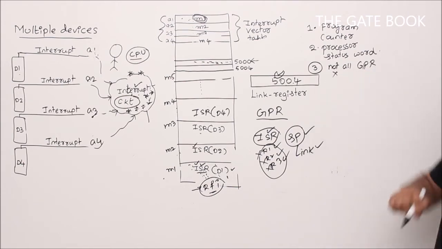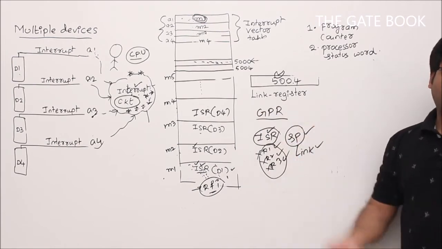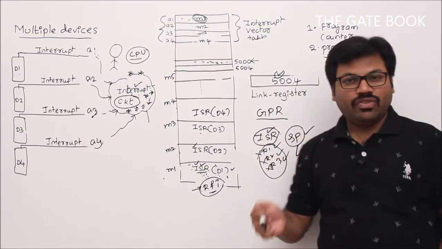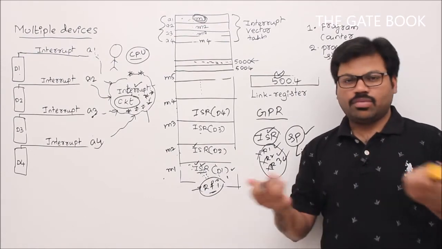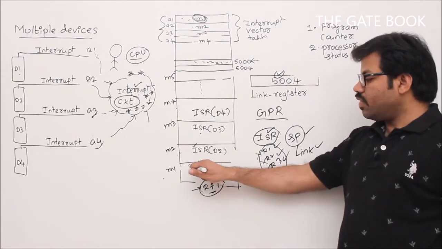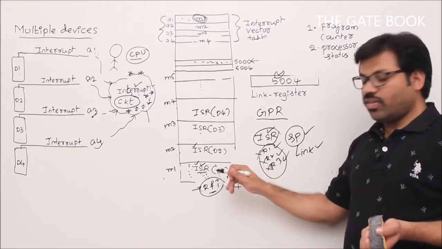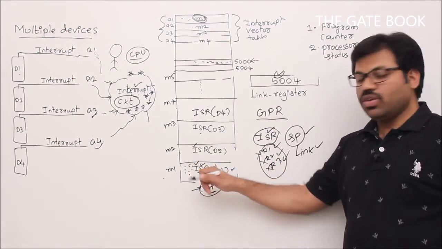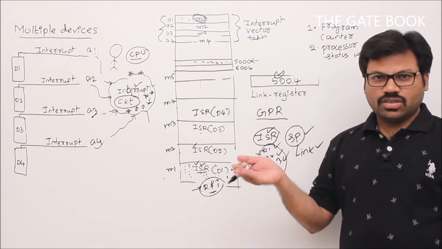Okay, remember it. It is wrong. Why? Because it takes a lot of time. Generally, architectures won't support it. Now, really, if those registers get spoiled, who is going to spoil them? The interrupt service routine. Now this interrupt service routine should be designed carefully. As a programmer, let's say you are working at low level, writing a device driver, you should write it in such a way that it does not spoil others' code, right?